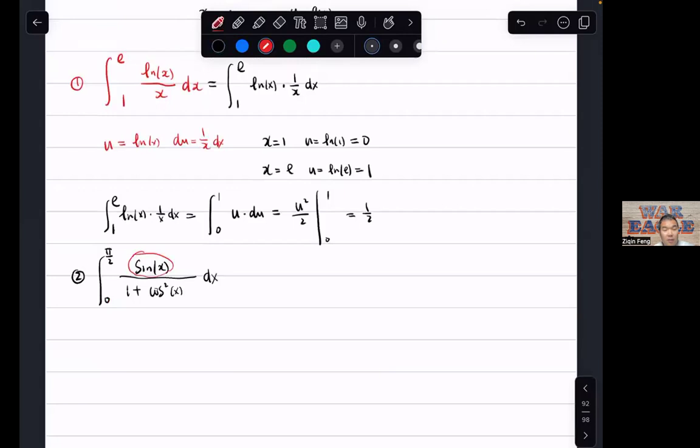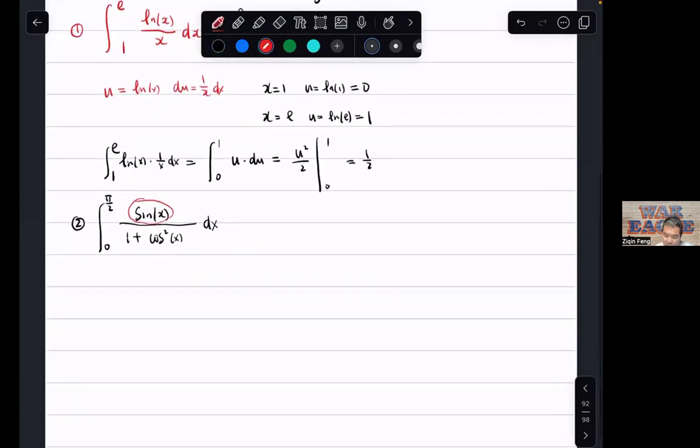So a possible substitution is to let u equal cosine x. Let's see whether that works. If you let u equal cosine of x, then du is negative sine of x dx. The negative doesn't matter; you can always put a negative on the left side and do the substitution.